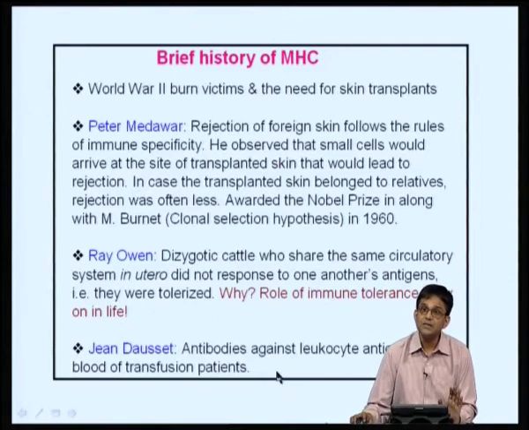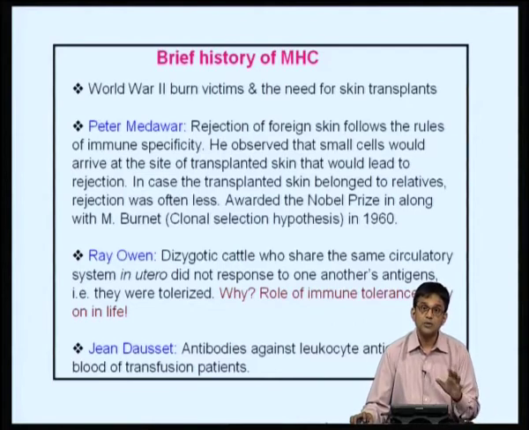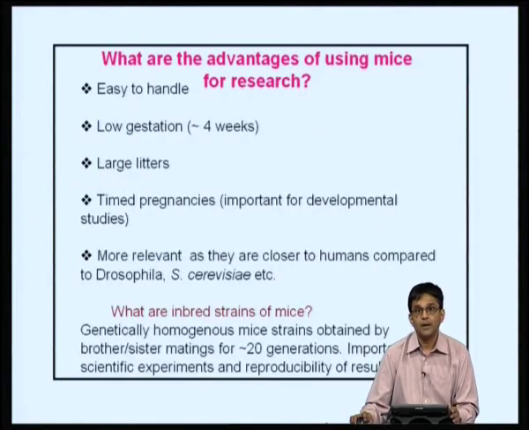This was the first demonstration of anti-HLA antibodies, and these reagents were extremely important because a lot of studies at that time were going on in mice, and Dausset's studies were important because they were done on humans. So we had the first ideas about HLA molecules at the protein level, and his reagents were extremely important in terms of HLA typing. One of the first starts of HLA typing came from Dausset's studies.